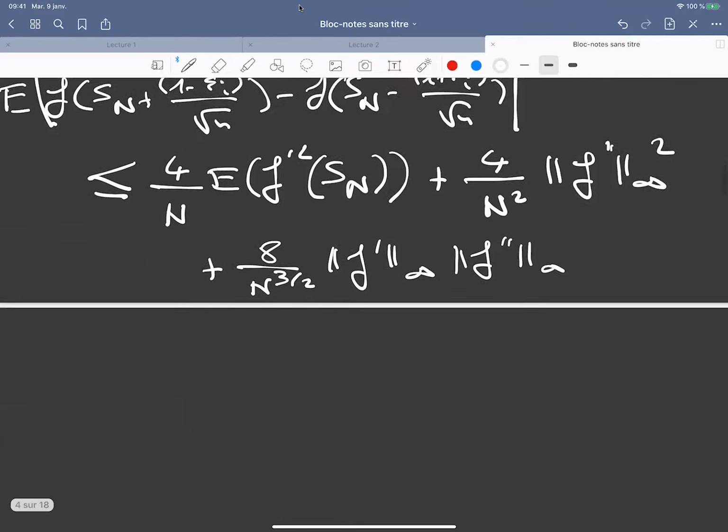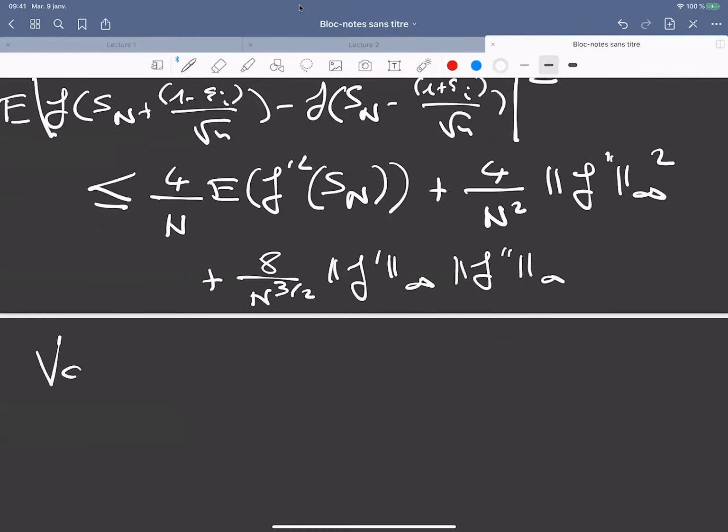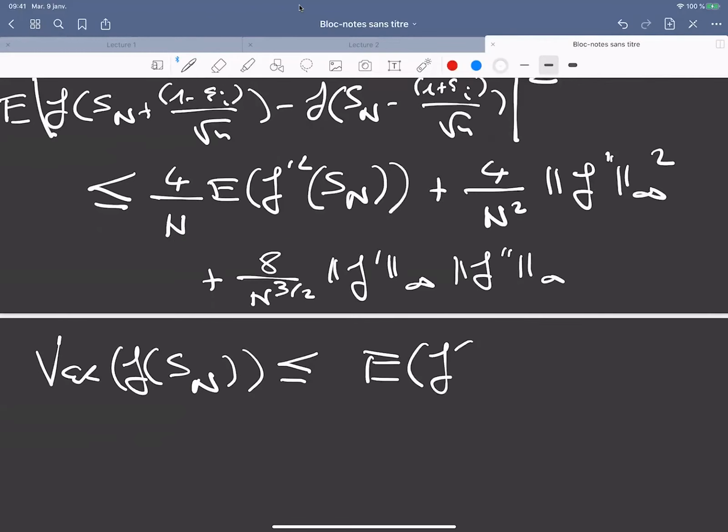And so at the end of the day, you get a bound on the variance of f of S capital N, which is simply less than the expectation of f prime square of S capital N. Because of course, when you look at the bound on the variance, Efron-Stein's inequality tells you that it is less than the sum of these terms here. But these terms are all bounded by the same quantity, so you get n times the quantity which is here.